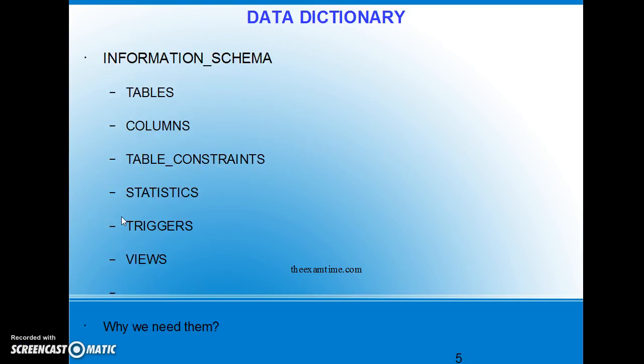Coming to the data dictionary, assume a scenario where someone asks you to find out which tables have SSNs or credit card information. You cannot go to each and every table or column and find all the columns whose data is SSN or credit card number.